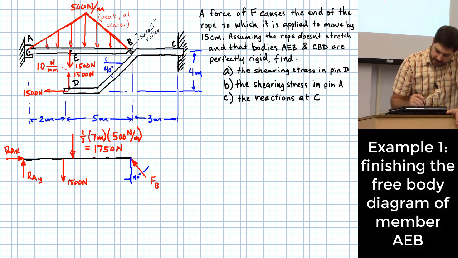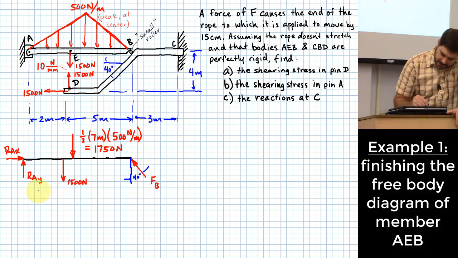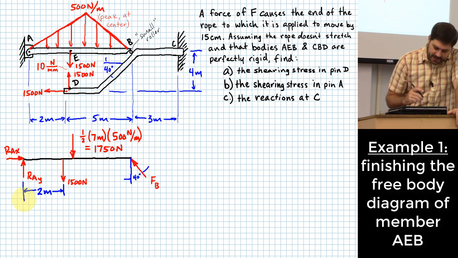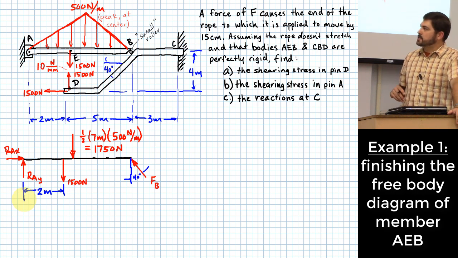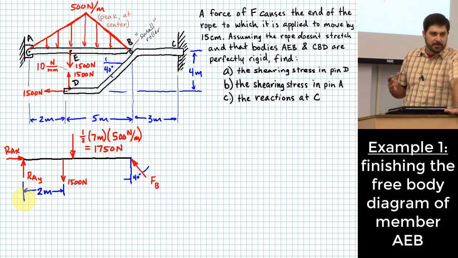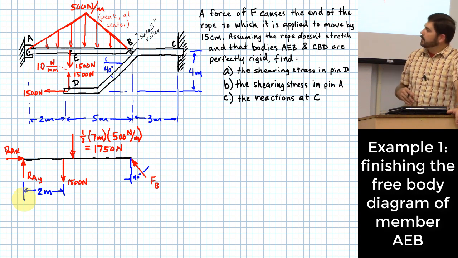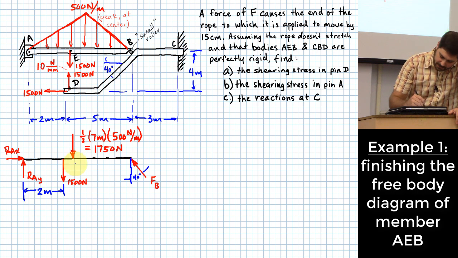I need some lengths. So let me say this. I've got 2 meters to this location. You might already have the idea that what I'm going to end up trying to do is summing moments around A. That's what I'm going to shoot toward. So let me define some of these other lengths that we might need relative to that same location.